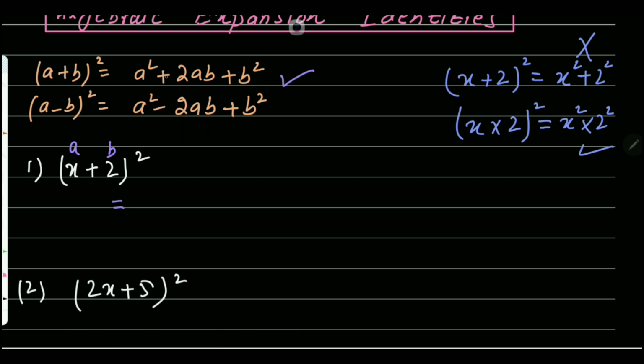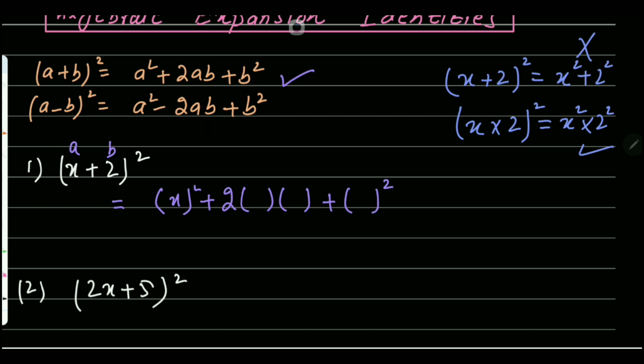First you write a², then 2ab, then b². So a² is x², plus 2 then ab, put the brackets of a then b, then plus b², b in brackets and then square.